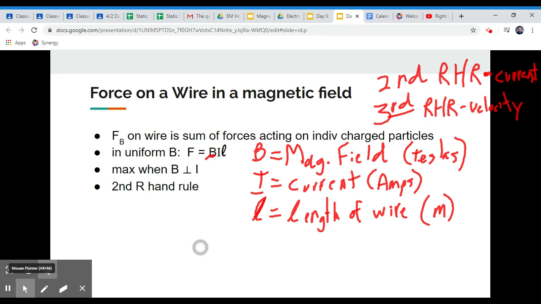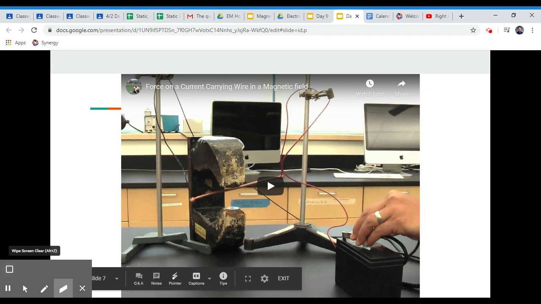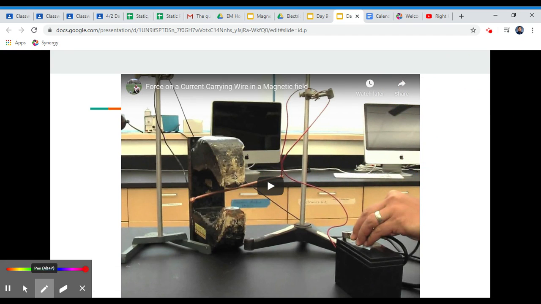I think actually I have this video first before you move on to the problem. I encourage you to watch this video. He does a great job of showing what exactly it's going to look like as a demonstration. He's got this giant magnet here, and I can't remember which one's north and which one's south, which way the field is running.